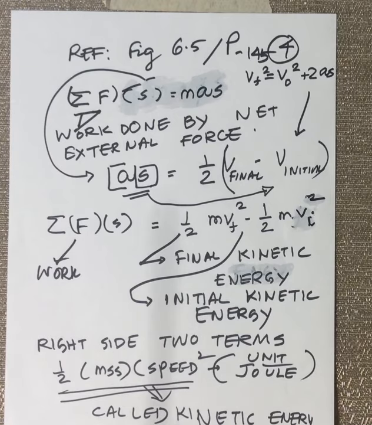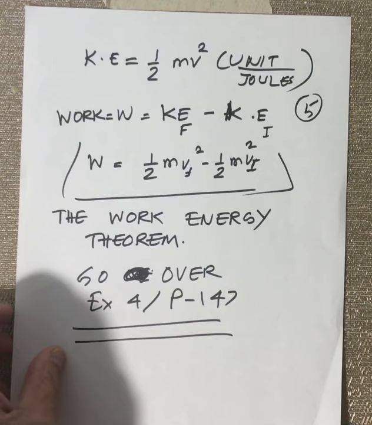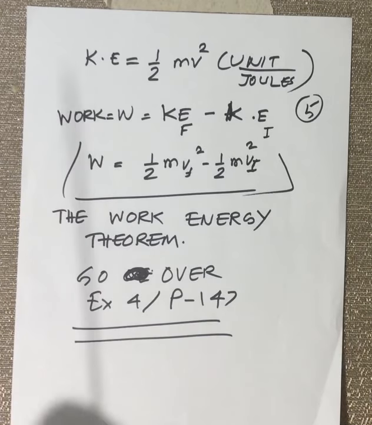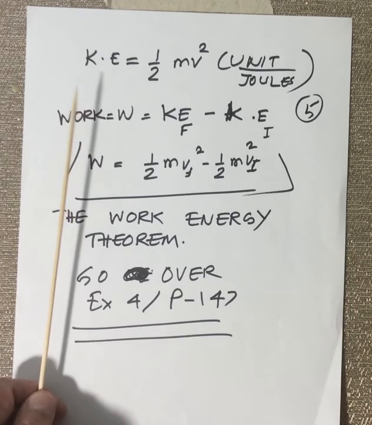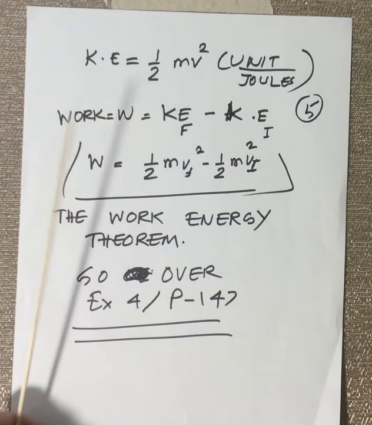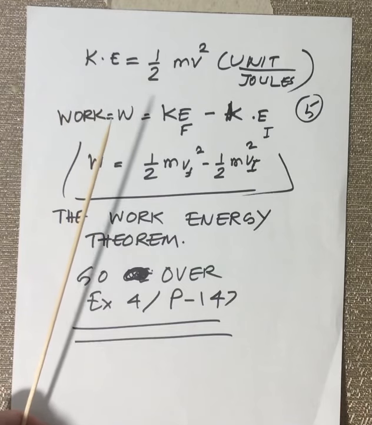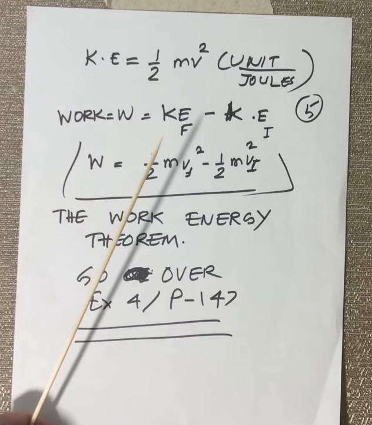Now look at this. We have half mass times speed square, which unit wise is joule. So we now define the kinetic energy equals half mv square.